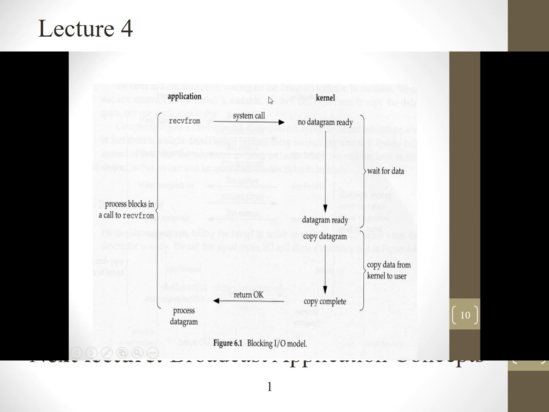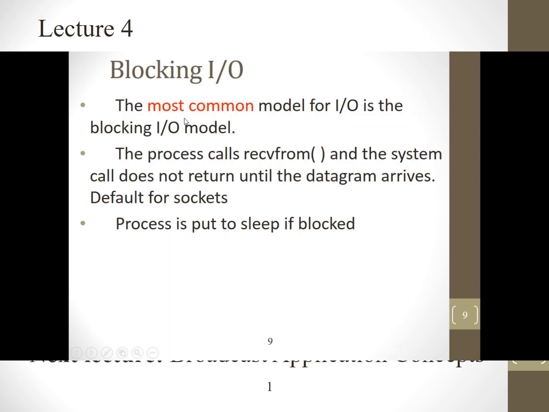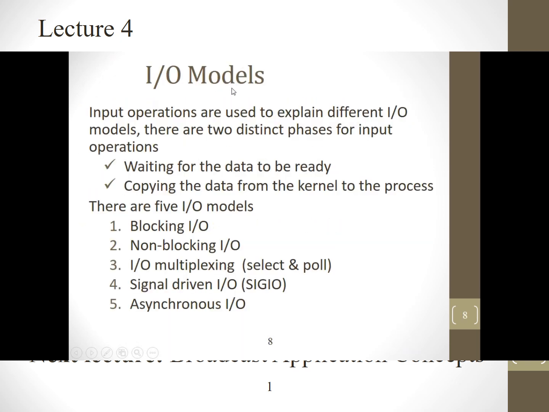For this purpose, to copy the datagram back to the application, we are using the blocking I/O model. There are different I/O models, as I mentioned before. We'll be using 5 I/O models. Each model has some features, some properties. We'll be discussing it and explaining the diagram, to see how it works exactly.